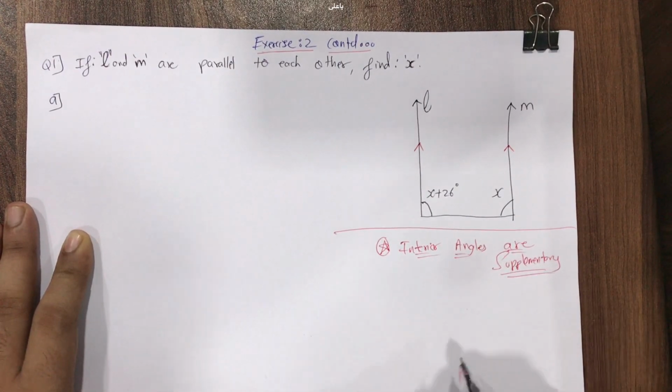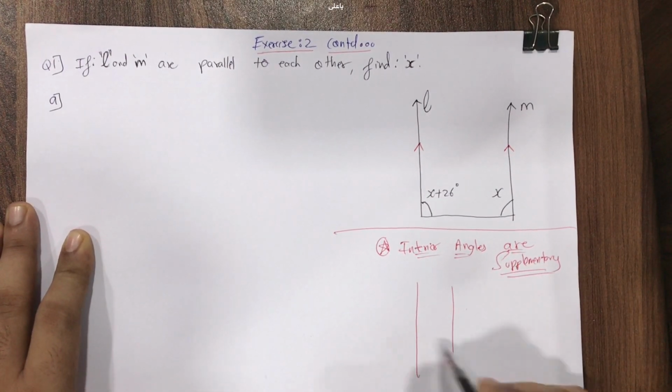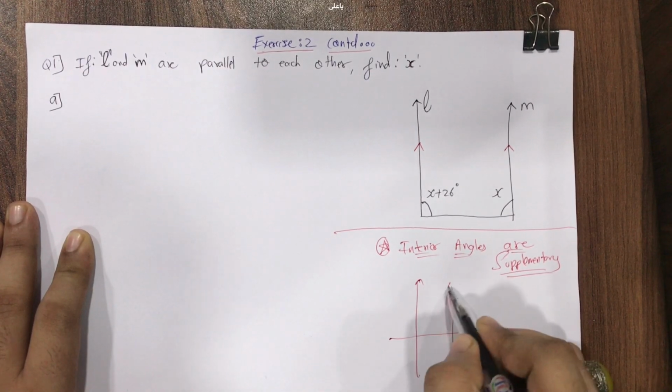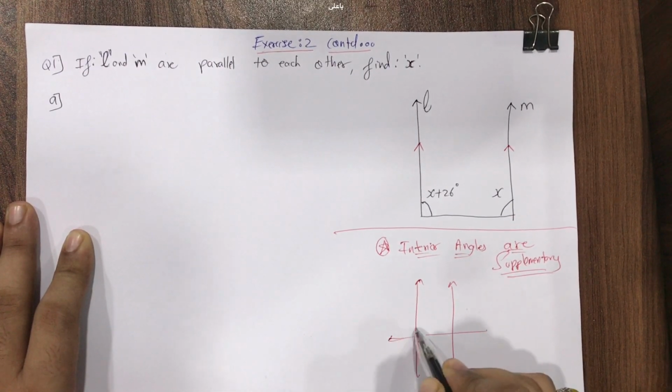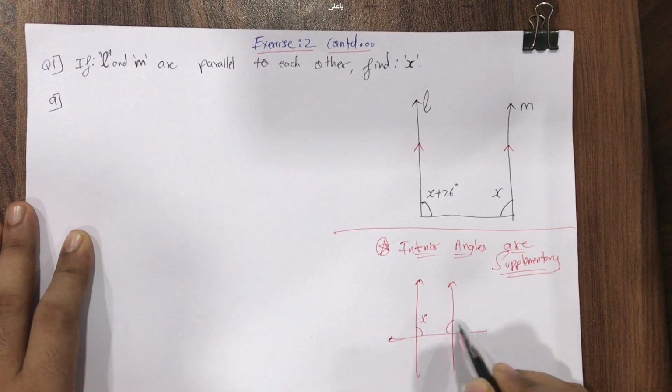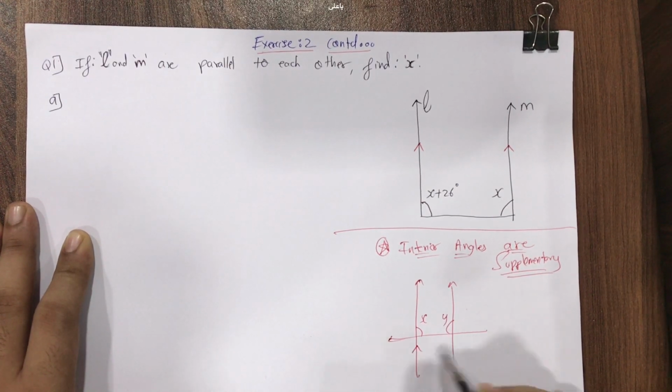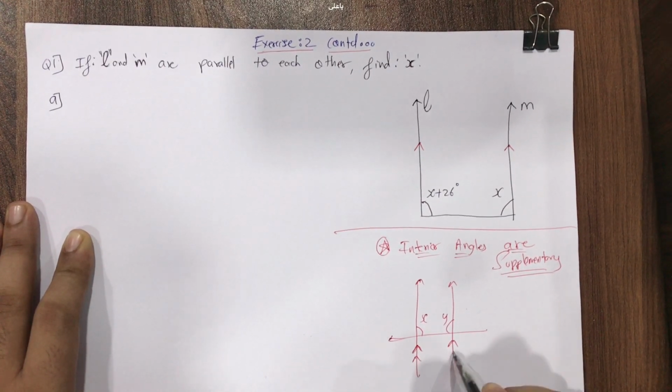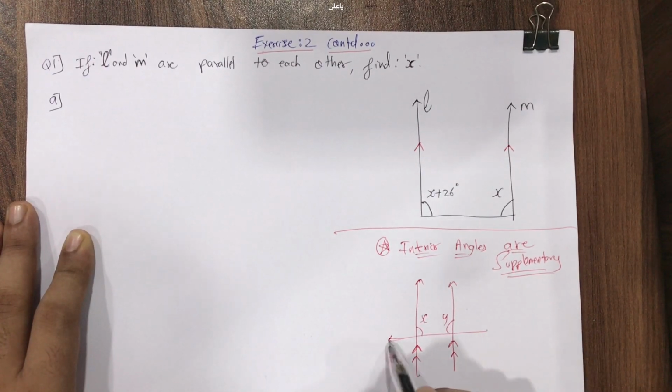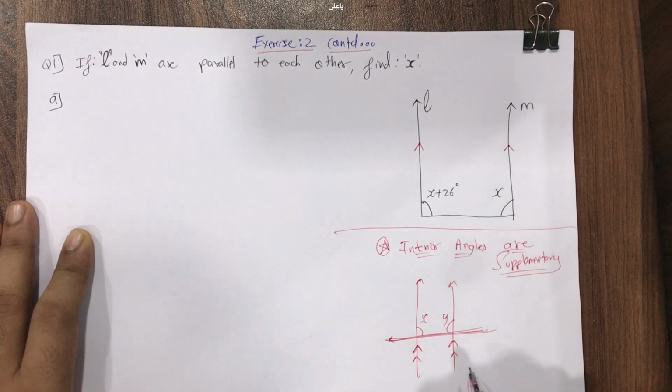This was the diagram given by me over there. For example, this is x degree, this is y degree, and if these two lines are parallel to each other, and this is like a transversal.